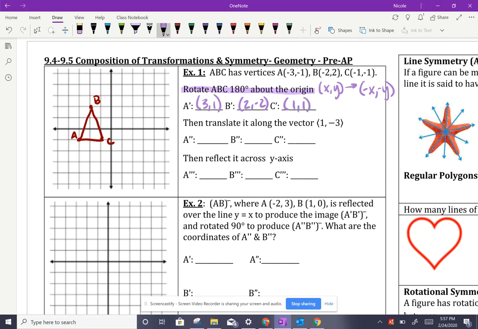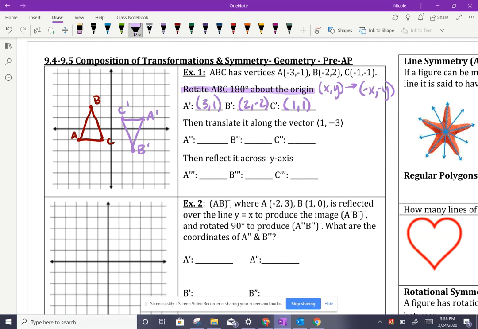So remember, anytime we translate or rotate or reflect, that point becomes a prime. So it's a play on the original point. We add an apostrophe for every time we change it. So I'm going to go through and plot this out. We have A prime at 3, 1, B prime at 2, -2, and C prime at 1, 1. So that's our first transformation.